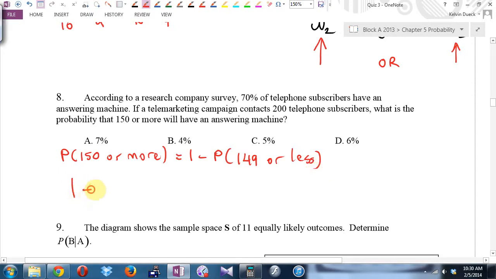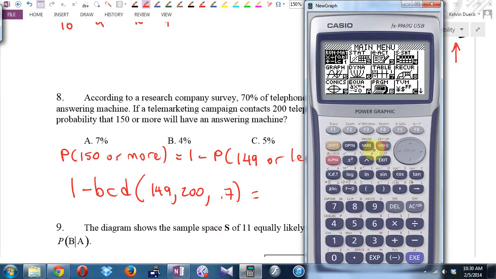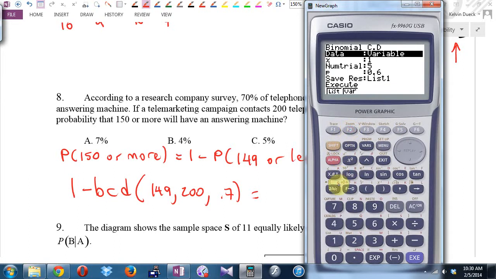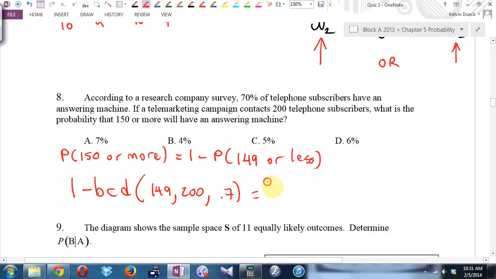It's going to be 1 minus the BCD of 149, 200, 0.7. I get 1 minus 0.93045. So it's either A or D.